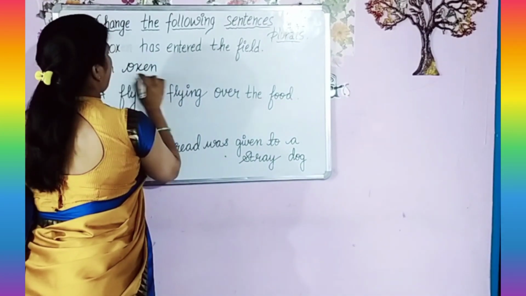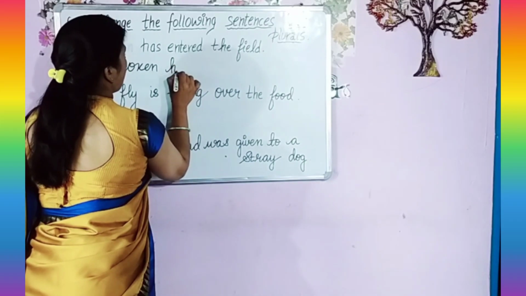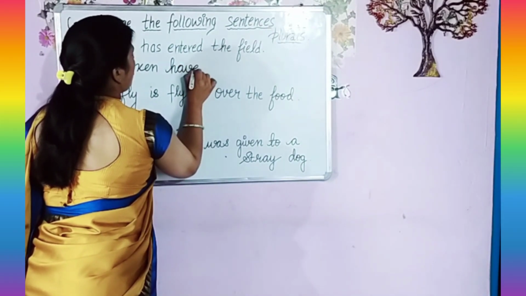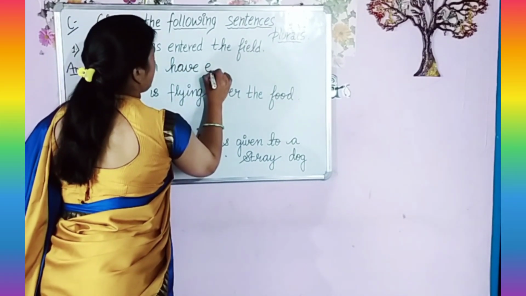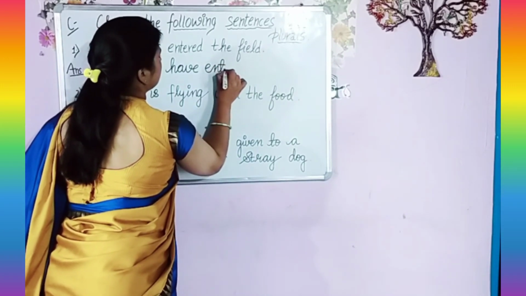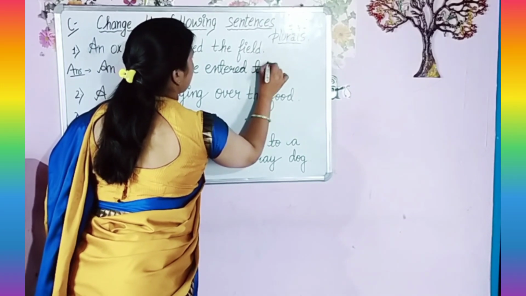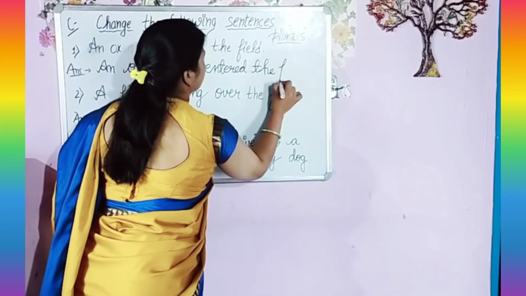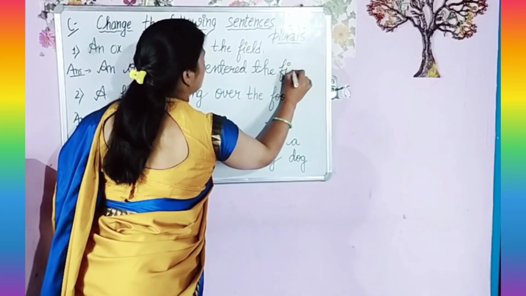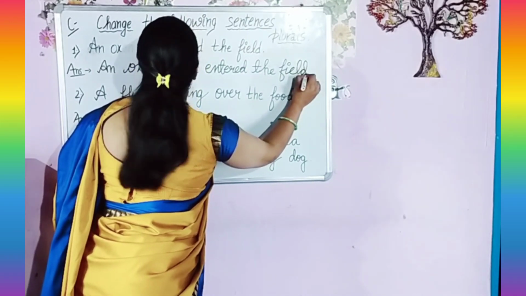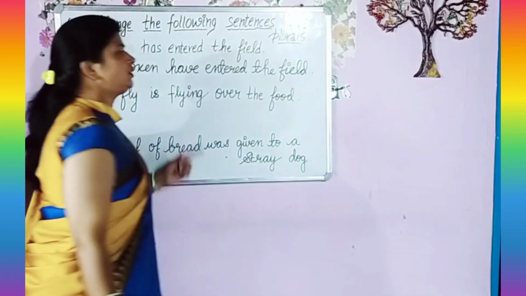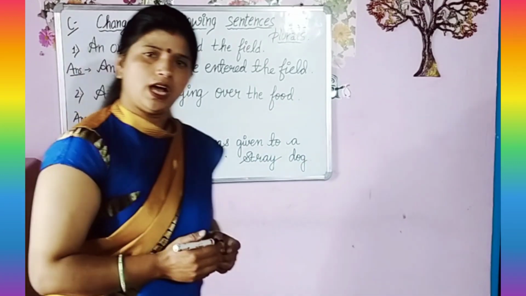It will become oxen have entered the field. Okay. So we will convert ox into oxen and has into have. The rest of the sentence will remain the same.